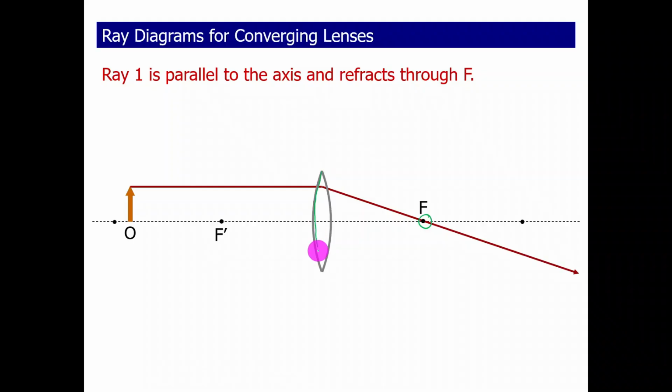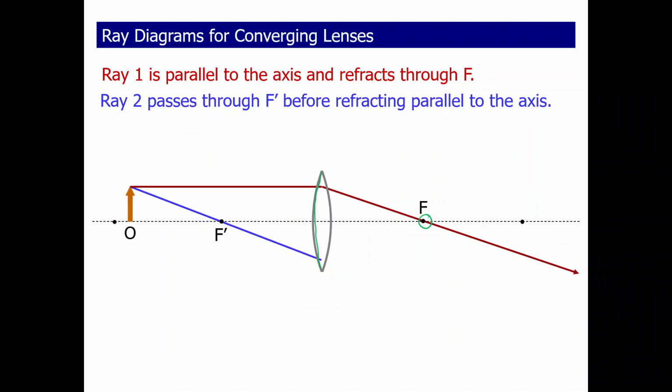So we're looking at what's happening based on that first side right there. Ray 2 passes through the F prime over here first and then goes parallel. So ray 1 goes through the lens and then goes through the regular F on the opposite side. Ray 2 passes through our F prime on the near side and then goes parallel.